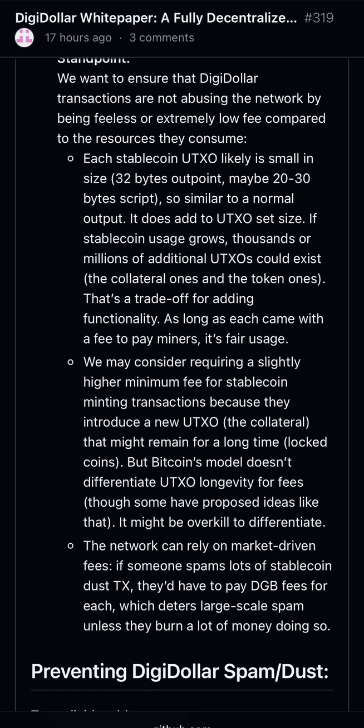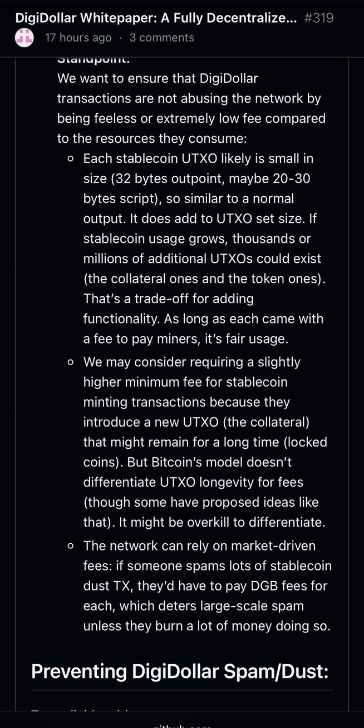If stablecoin usage grows, thousands or millions of additional UTXOs could exist, the collateral ones and the token ones. That's a trade-off for adding functionality. As long as each came with a fee to pay miners, it's fair usage. We may consider requiring a slightly higher minimum fee for stablecoin minting transactions, because they introduce a new UTXO, the collateral that might remain for a long time, locked coins.